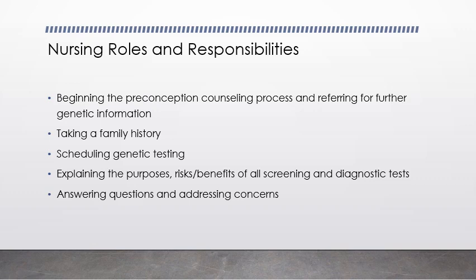If there are any problems with genetic disorders that run in families, we would want to refer those women to genetic counseling before they get pregnant, or early on in the pregnancy if they don't see the genetic counselor beforehand. So it's really important to take a good family history and schedule genetic testing as needed. You would ask the provider to schedule or order that.